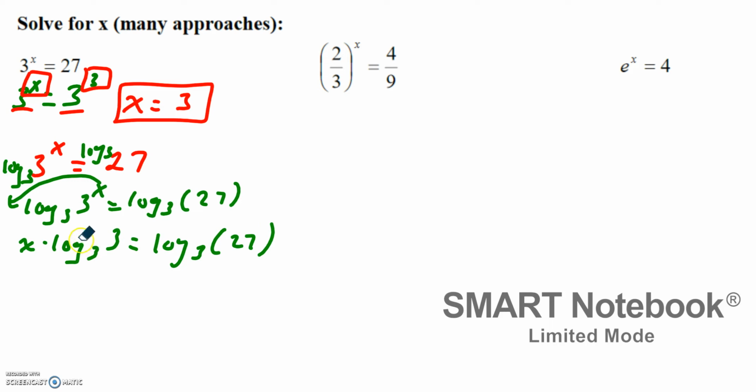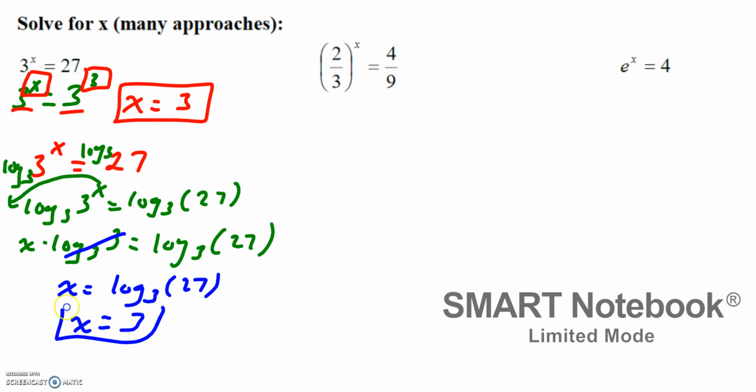Just like earlier, log base 3 of 3, these are inverses, or really the exponent is 1. So you'd be left with x equals log base 3 of 27, but that is actually an answer because log base 3 of 27 is 3 to the what equals 27, which is 3. Now, you might be wondering, Mrs. Logus, why did you show us both of those if the first way is clearly faster? On a test, I would completely recommend that you do the first way, but I'd like to show you that you could use logs technically because they are inverses.